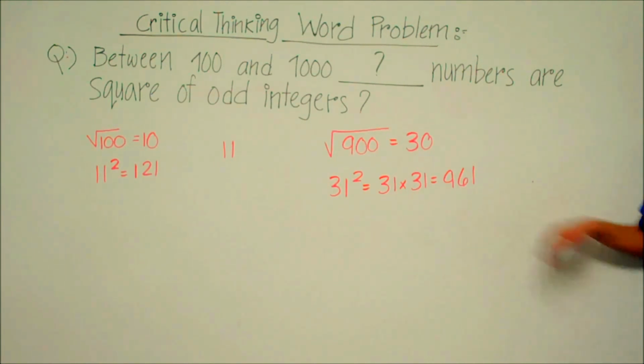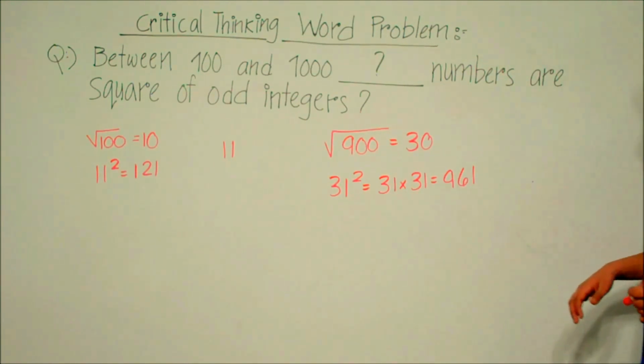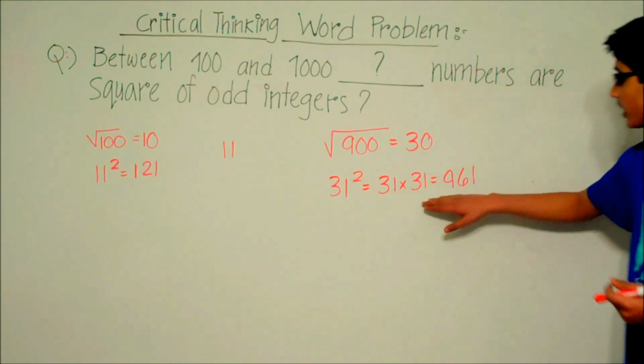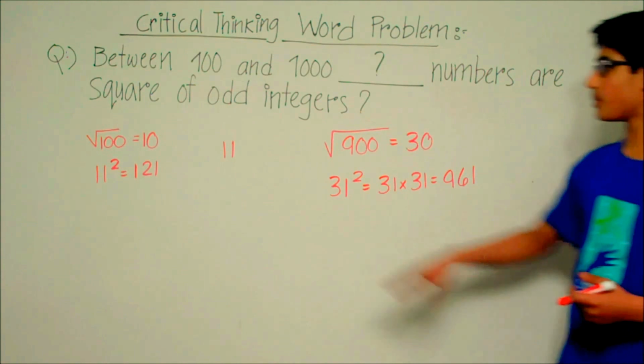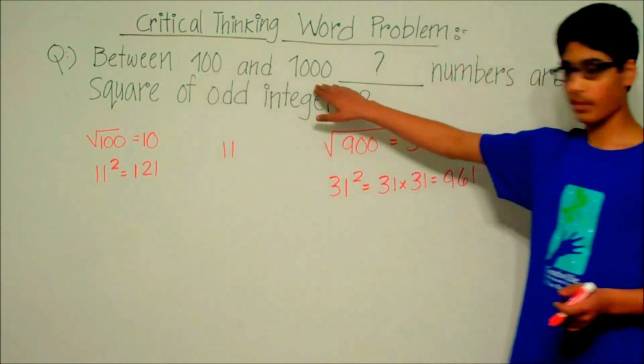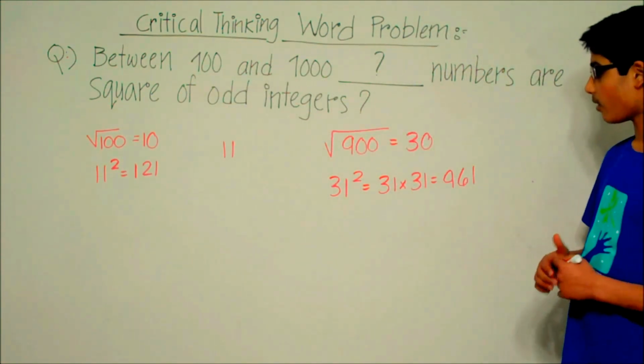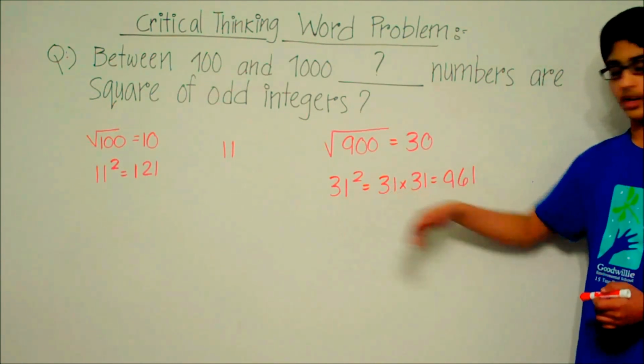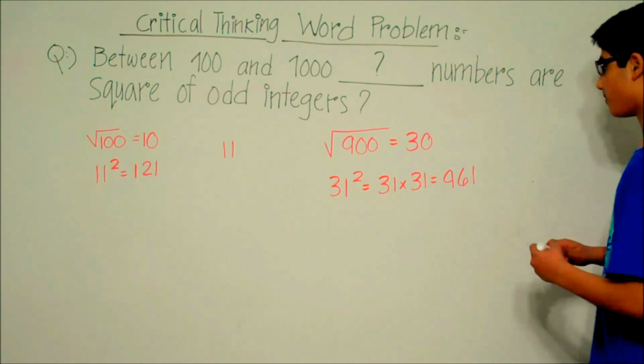So 31 squared is 961, and we can see that 961 is between 100 and 1000. Now let's go to the next odd integer from 31. That would be 33.